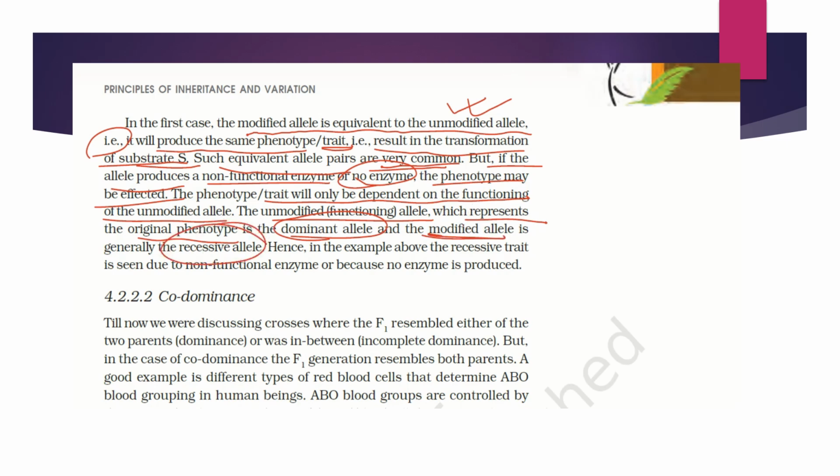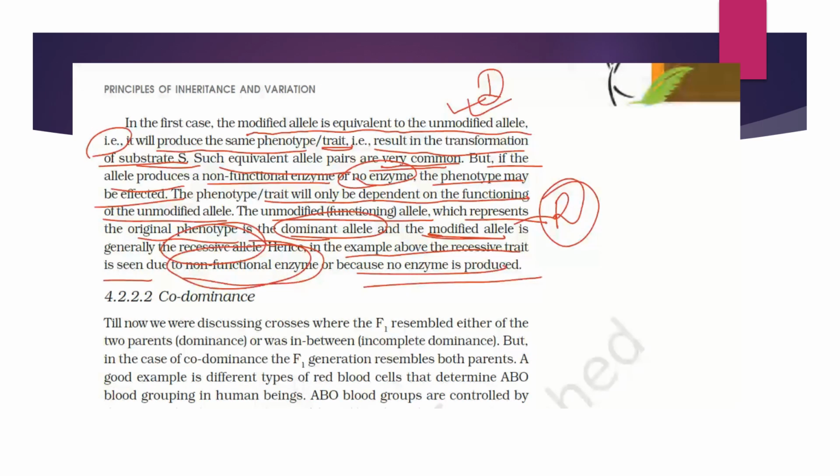So here the unmodified allele is the dominant allele, and the modified allele is acting as a recessive allele. In the example above, the recessive trait is seen because no enzyme is produced.